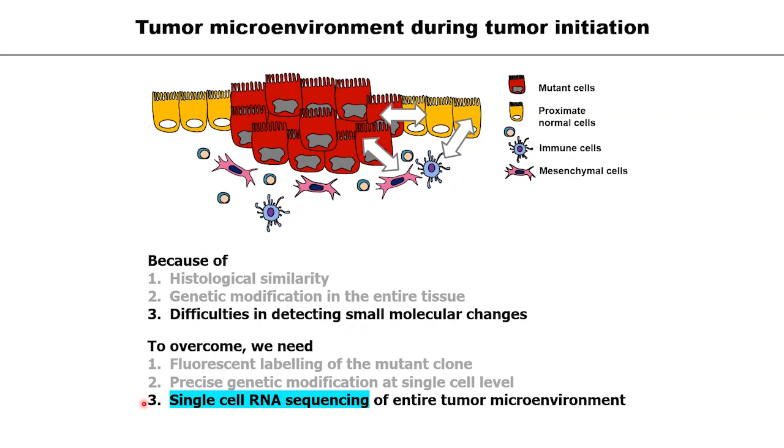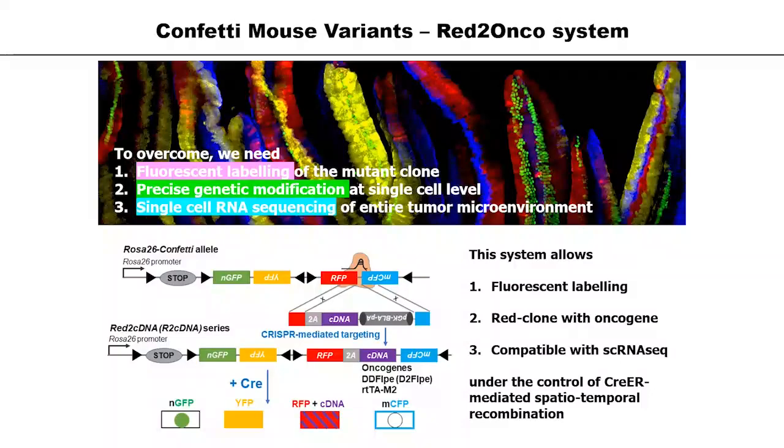So if we can perform single cell RNA sequencing, then we can also detect some of the changes that are only happening in the very beginning of the cancer development. So with that thought, we started thinking about some technological advancement with which we can cover these three requirements.